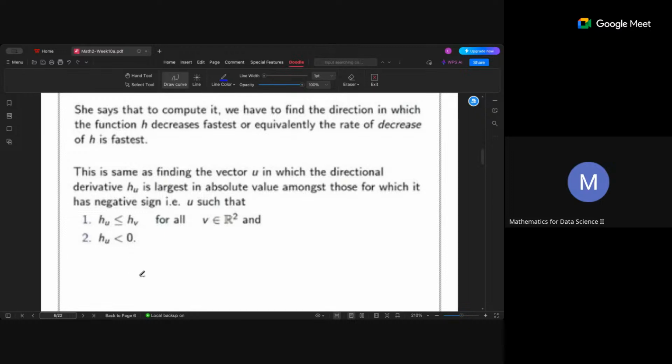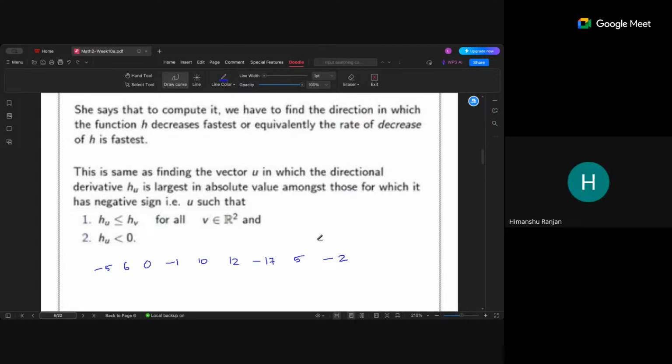For example, let me just give you few numbers. Now, out of these numbers, which one is having highest absolute value?